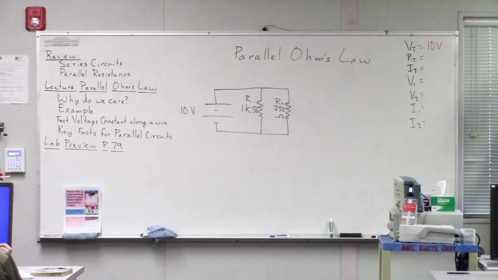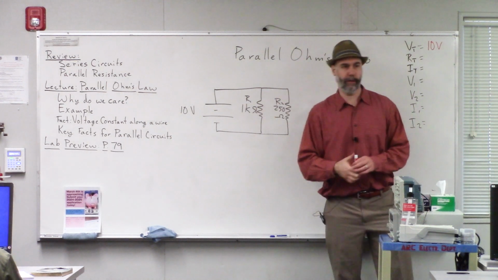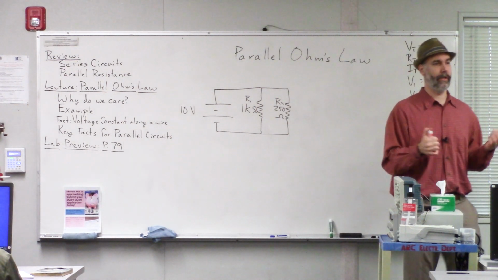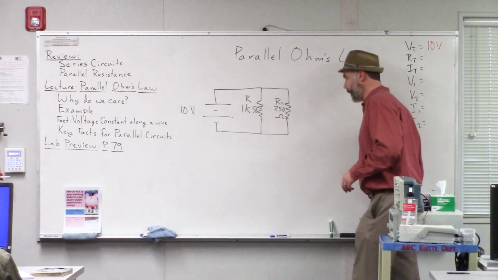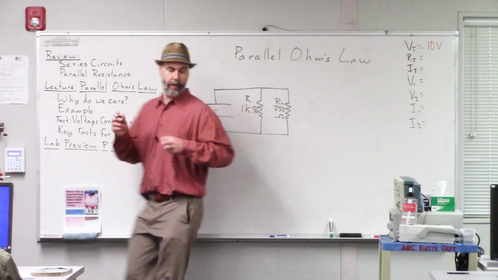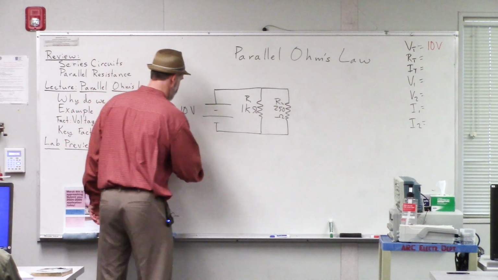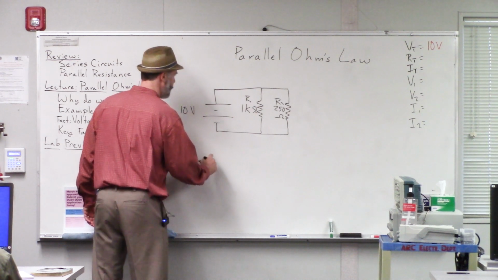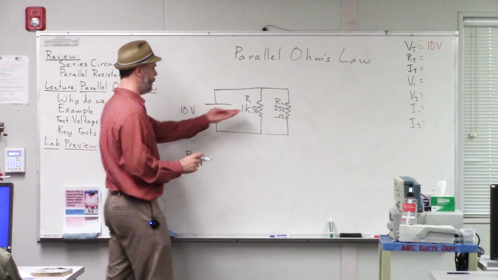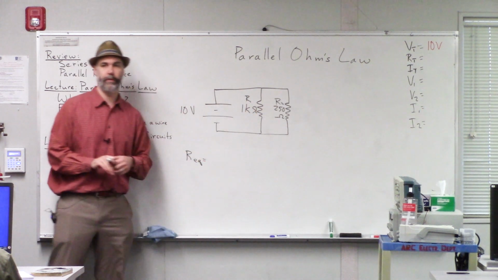So then the next thing that I would do here is figure out the total resistance, because this is a parallel circuit, and we know how to figure out the equivalent resistance in parallel circuits, right? We just talked about that. So we would say that R equivalent equals, can we just divide one of these by 2 resistors since we have 2 resistors here?